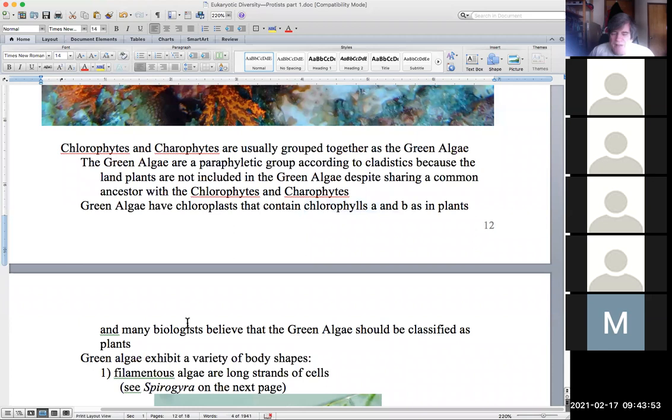So there are a lot of biologists, going back to our discussion of cladistics, that think that these two groups of green algae should just be classified as plants. That's what really makes the most sense.